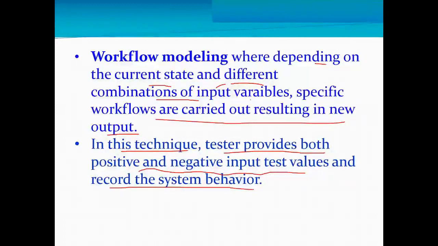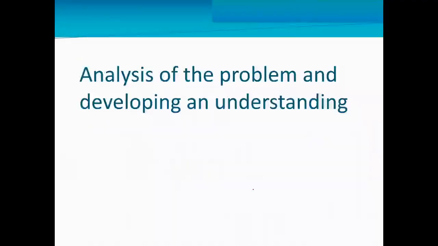So based on the current state, it is going to give you the different behavior based on the different inputs. So in this state graph transition diagram testing, you are going to show both positive and negative input values and how the system behaves for both types of input, how it changes the states. Analysis of the problem and developing an understanding.